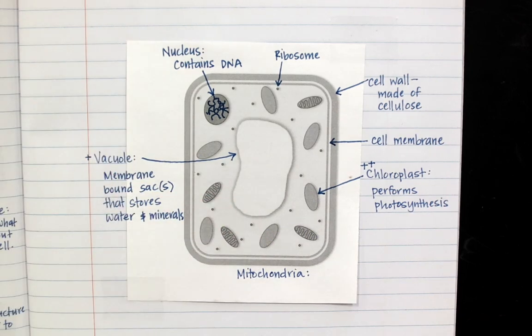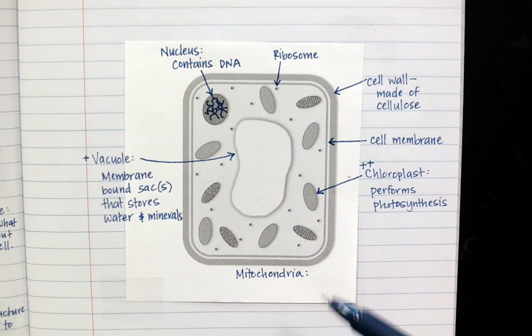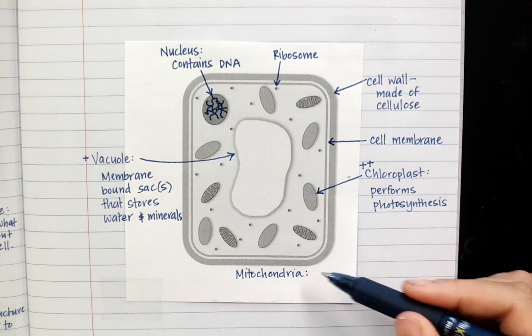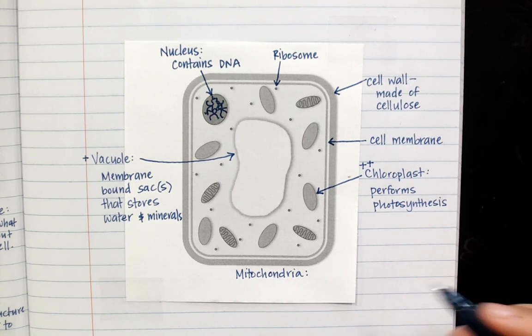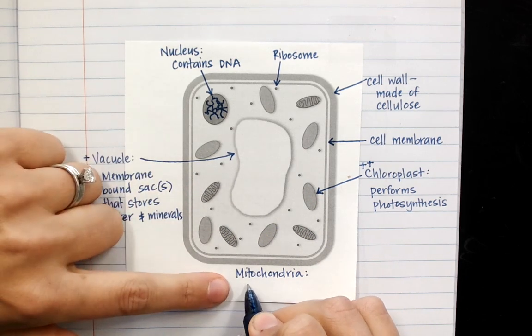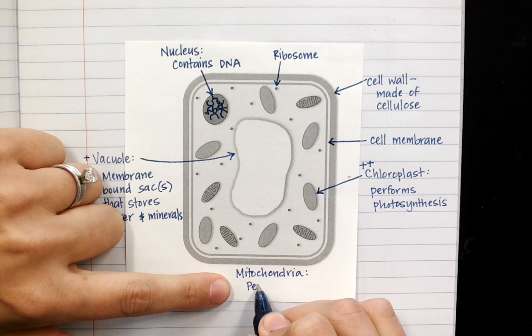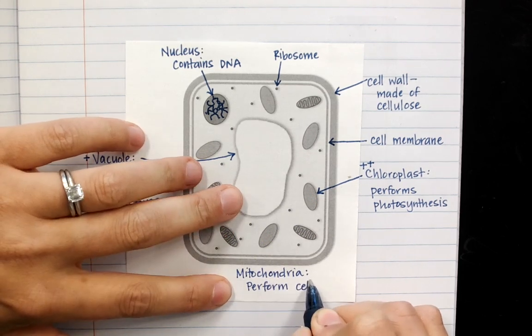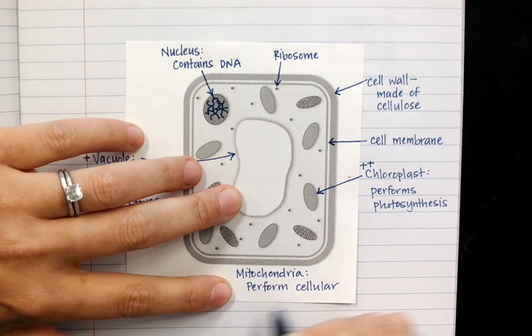What that means is that it provides the energy. And if it's providing energy, it's doing a specific process, that process being cellular respiration. So the job of the mitochondria is to perform cellular respiration.